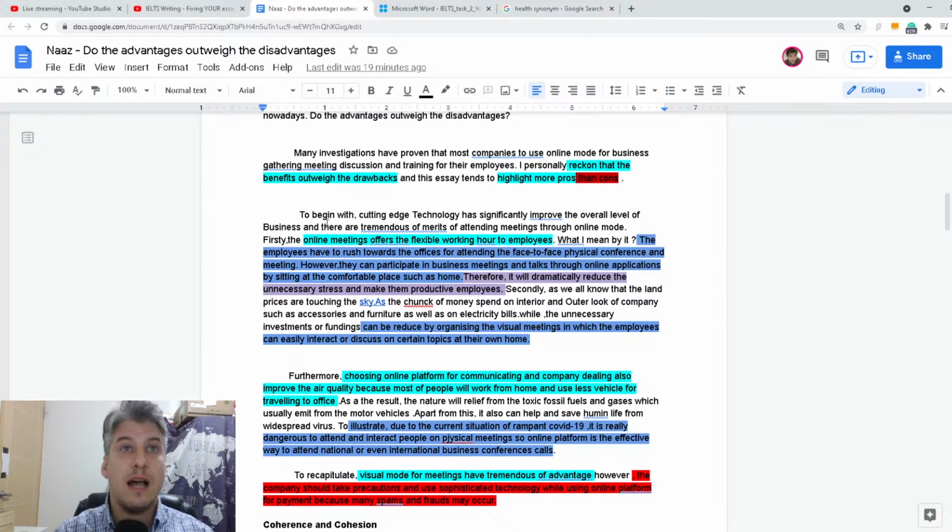So we can see he's got a topic sentence here, which is fine, but we get on to the second sentence here. "Firstly, the online meetings offer the flexible working hour to employees." So this is his first argument, and this is supporting the idea that it's a benefit. Flexible working hours is a benefit. He goes on to say, "the employees have to rush towards the offices for attending the face-to-face physical conference and meeting.